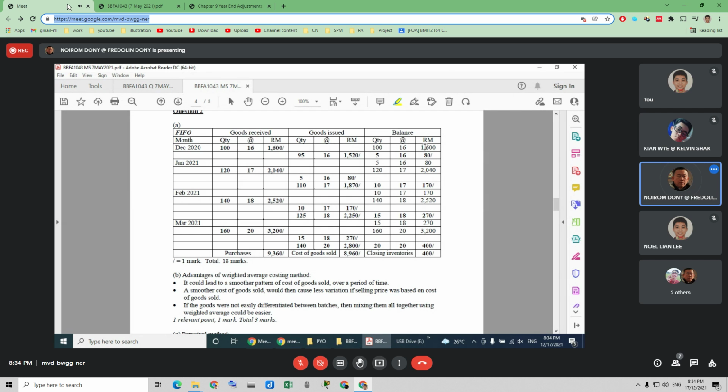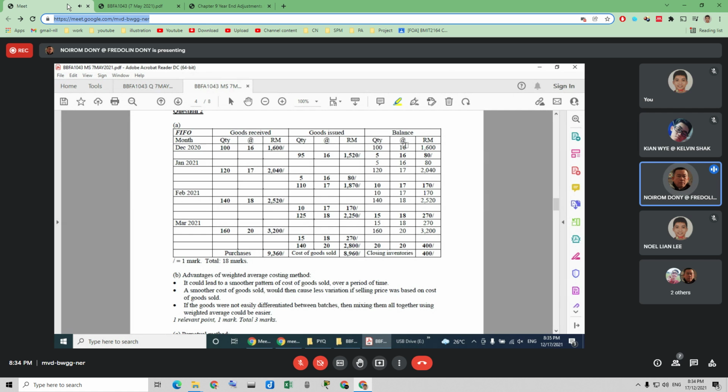After that, we have the next column, which is goods issued. We record the goods issued, and you only record the unit first. The quantity is 95 bushels. But before you record, you have to look at the available quantity.